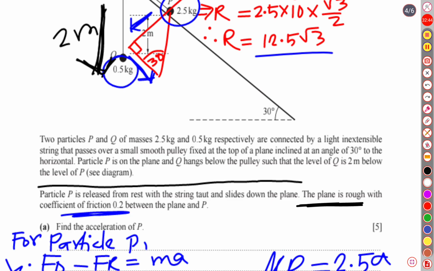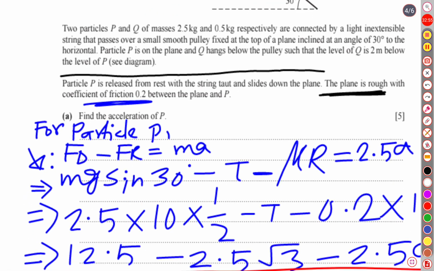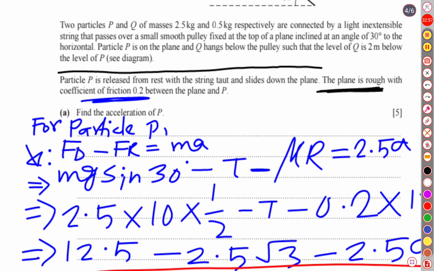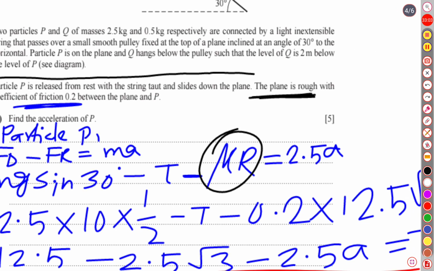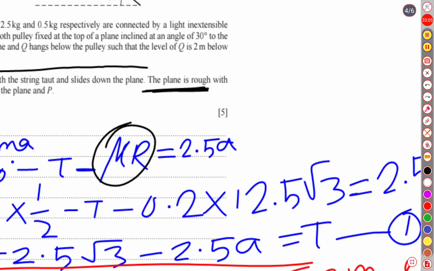That means there is a resistance force, and that resistance force is mu R. We have already calculated it in the previous solution. Mu R is 0.2 into 12.5 square root over 3. So this is actually the resistance force.